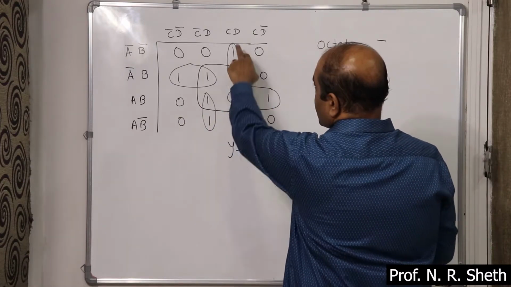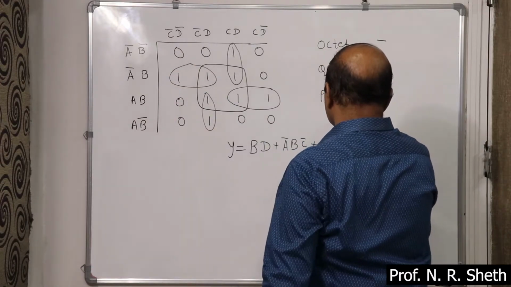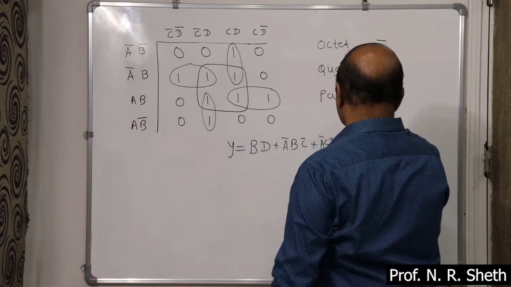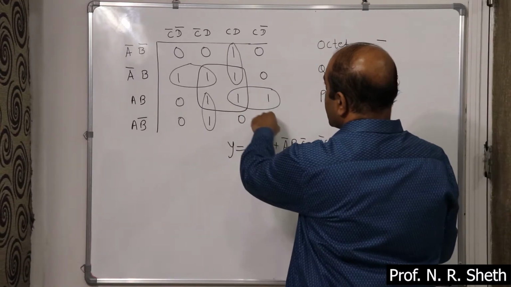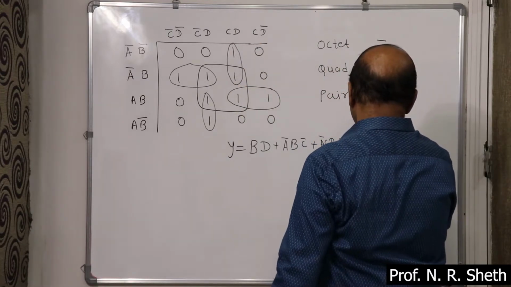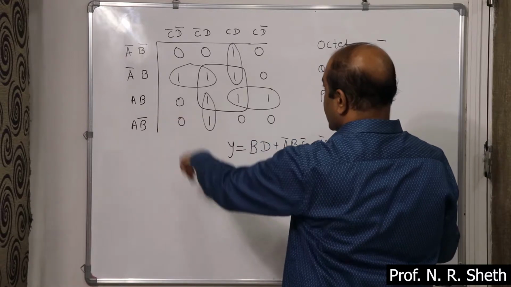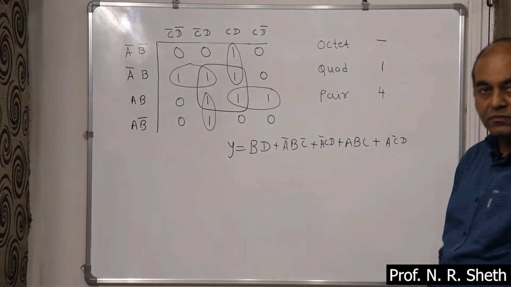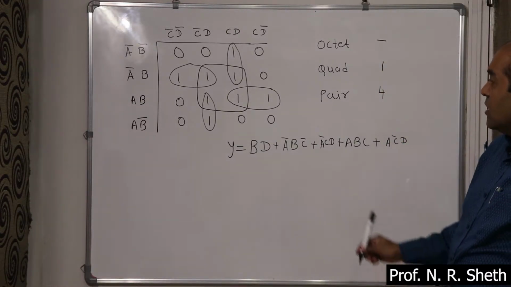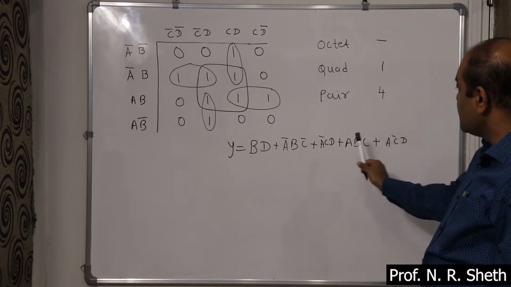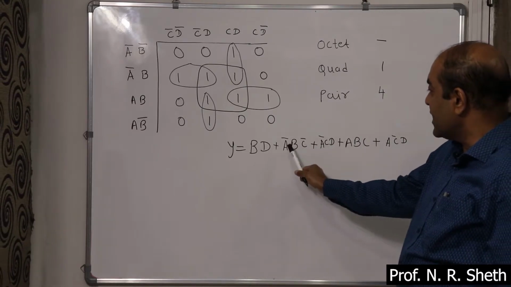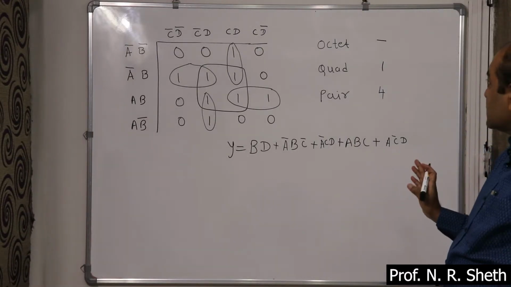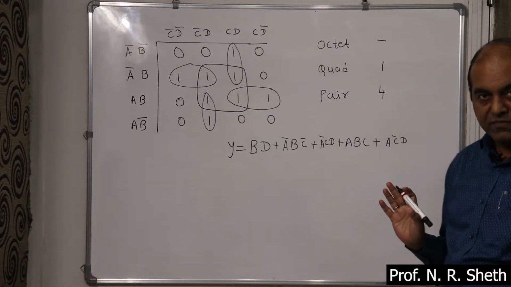This one, B bar cancel, so A bar, CD. This one, A, B, D bar cancel, so C. And this one, B bar cancel, A, C bar, D. So your Boolean equation has 3 plus 3, 6 and 6, 12 to 14 variables. This is your Boolean equation.